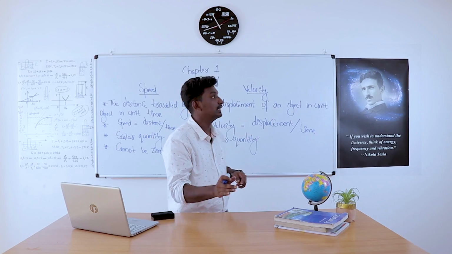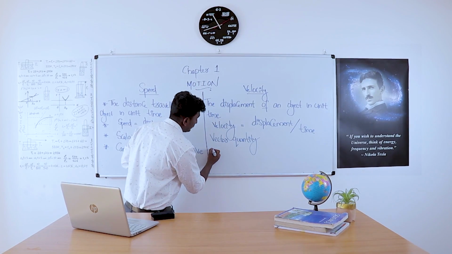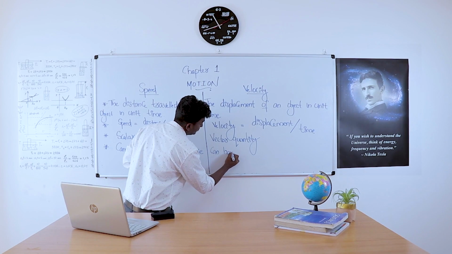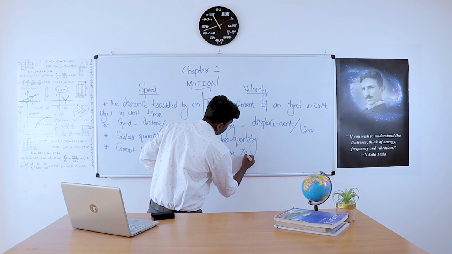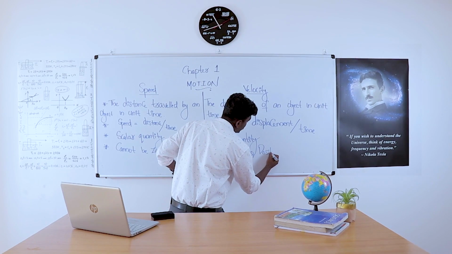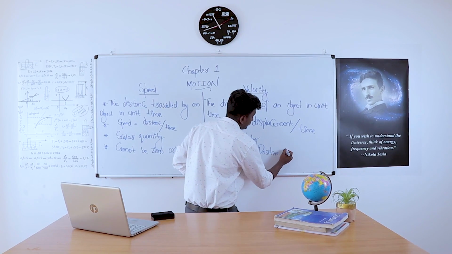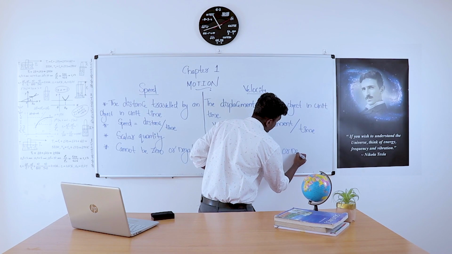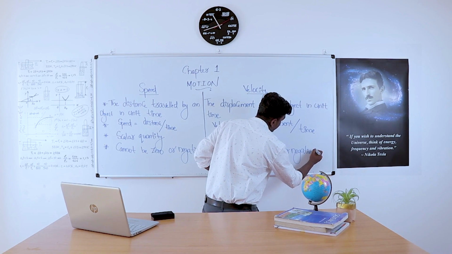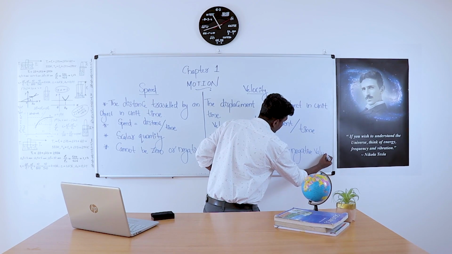That means all values. A velocity can have zero, positive or negative values.